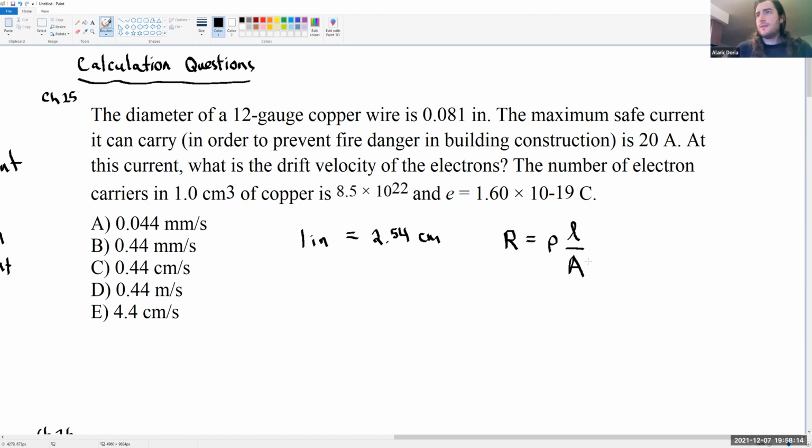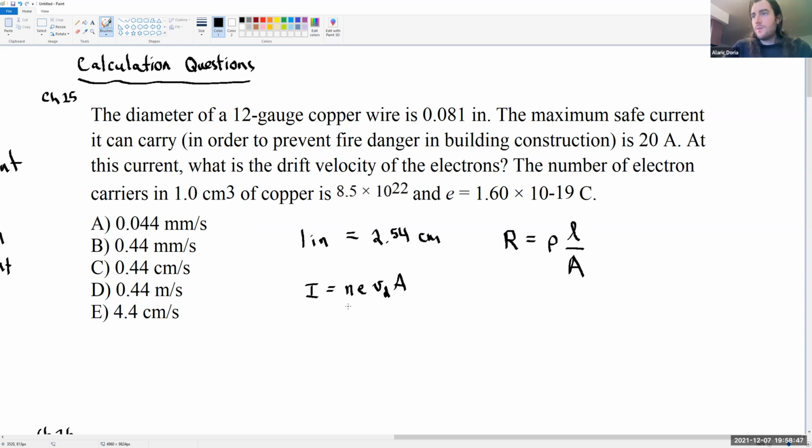Okay, is there anything else that we might need? Drift velocity. So what's the connection between current and drift velocity? The connection is the following: the density of charge carriers times the charge of those charge carriers, which would be e in magnitude, times the drift velocity, times the cross-sectional area of the wire.